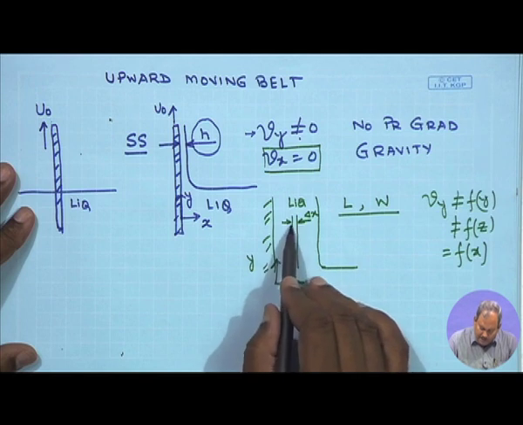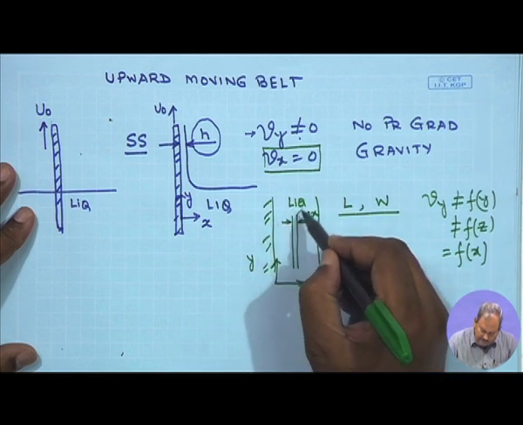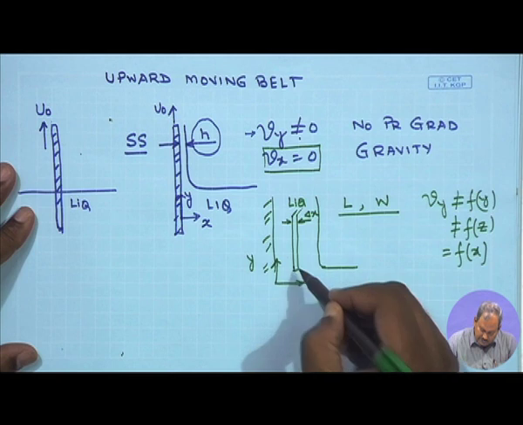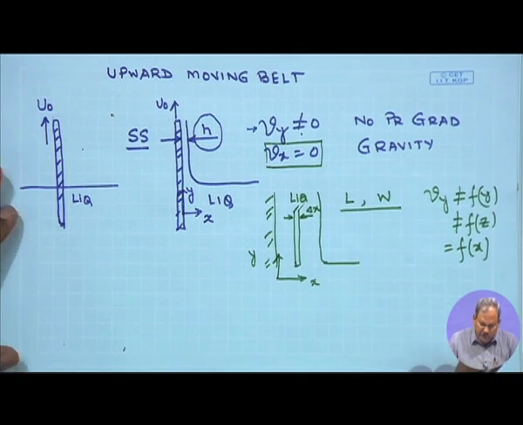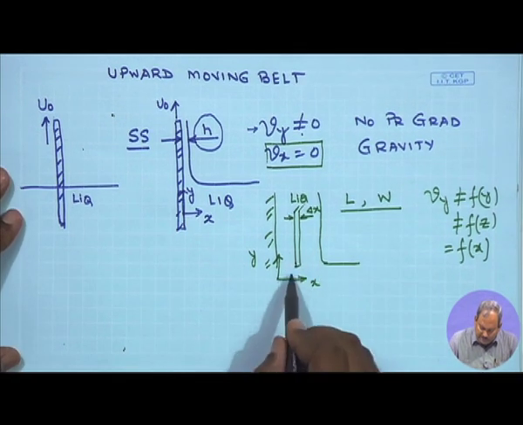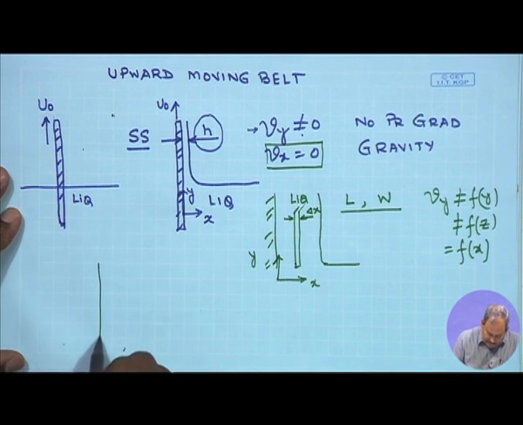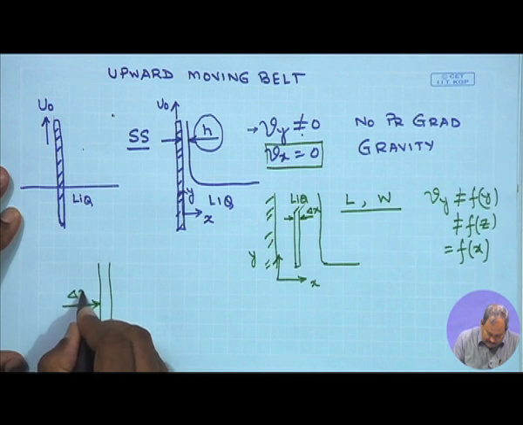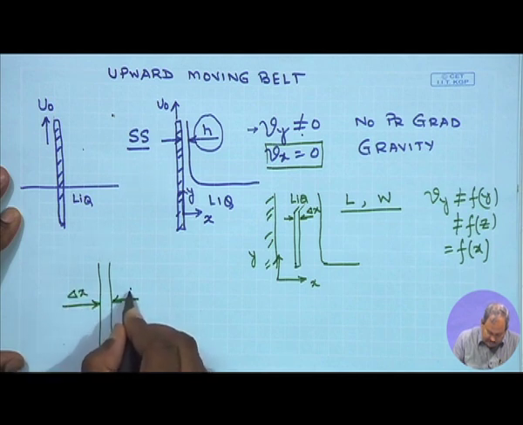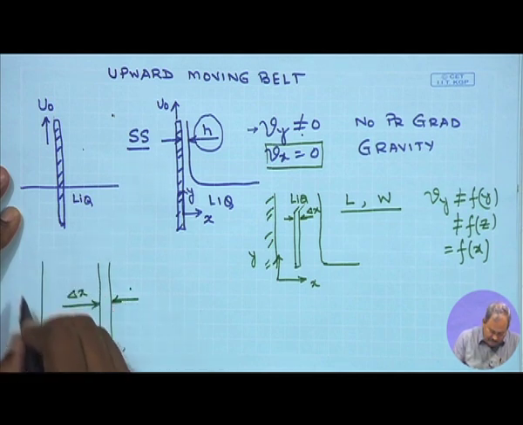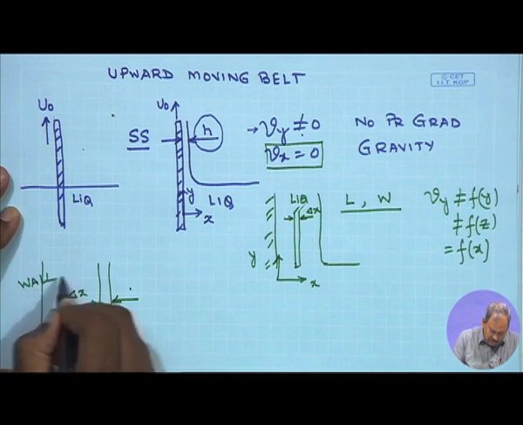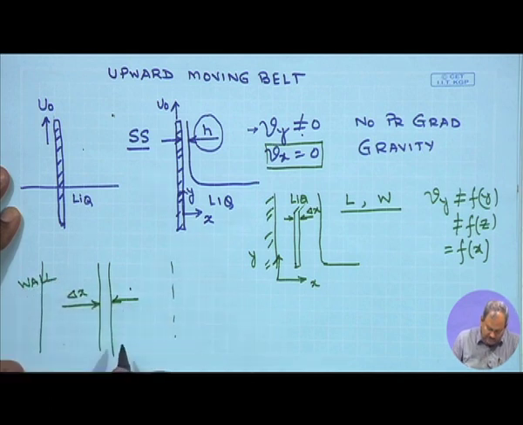So, that is why I am taking my shell as this. Okay. Now, when you consider this shell of delta x in thickness, and on this side I have the wall and on this side I have the free surface.